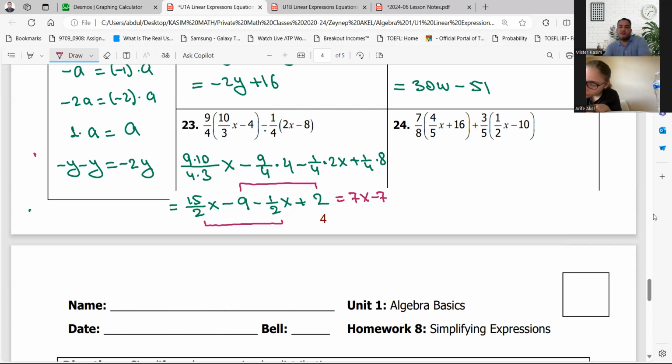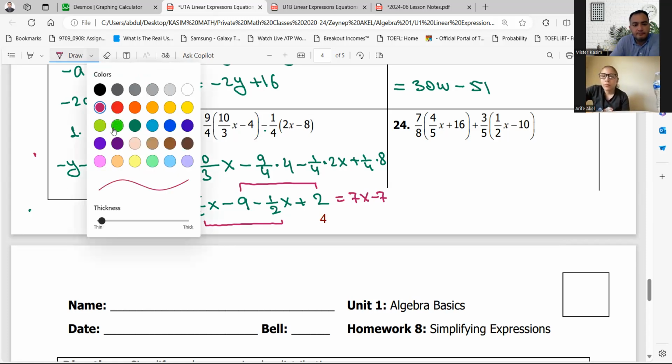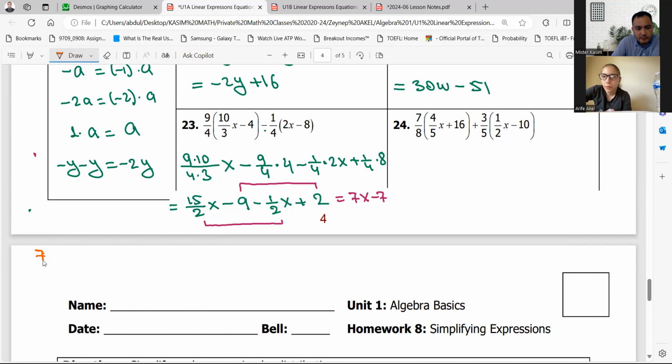What is 7 over 8 times 4 over 5? What did you get? 7 times 4 and 8 times 5. What did you get? 28 over 40. After simplifying this, look, you can simplify before multiplication, because I know that 8 is divisible by 4. I can write 8 as 2 times 4. You see now, 4s are the same.